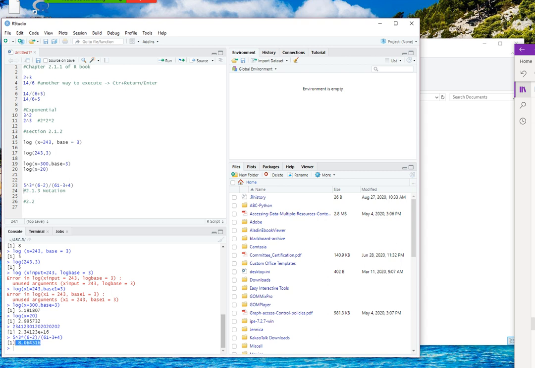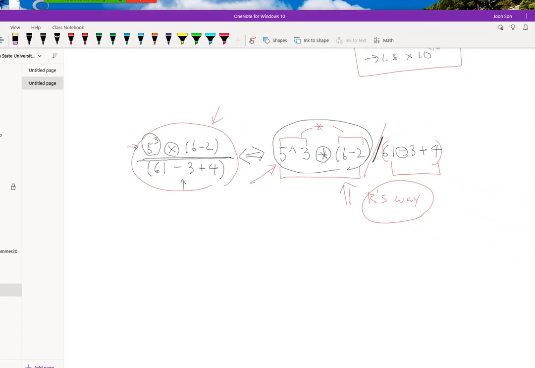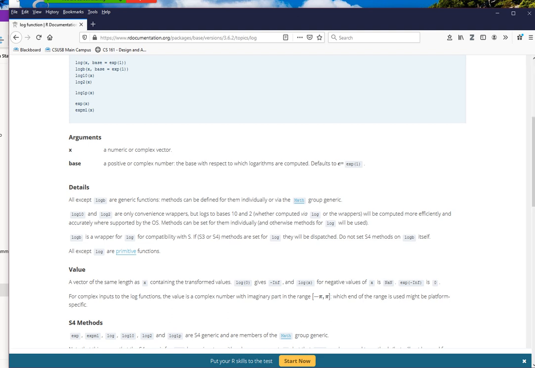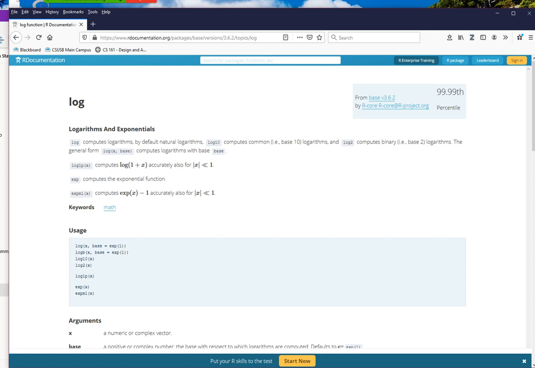By the way, before we move to section 2.2, assigning objects, which is a very important chapter, I'd like to show you one thing. For example, on rdocumentation.org, or you can Google search for the log function in R, they explain the log function.